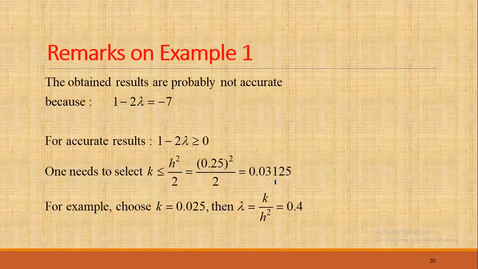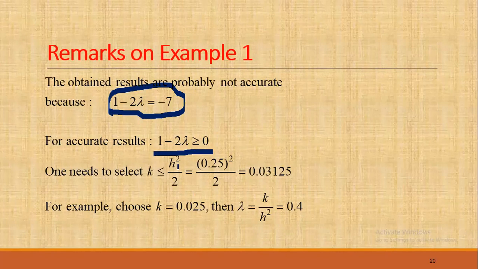This is not accurate because 1 minus 2 lambda, when we consider k is 0.25 and h is also 0.25, is minus 7, and actually we get the accurate answer only if 1 minus 2 lambda is always greater than 0. That means when we want the accurate answer, we can't use h as 0.25 and k as 0.25 for this particular example.